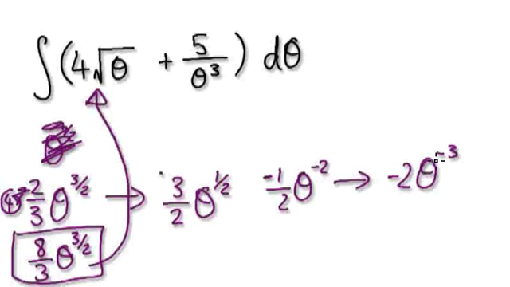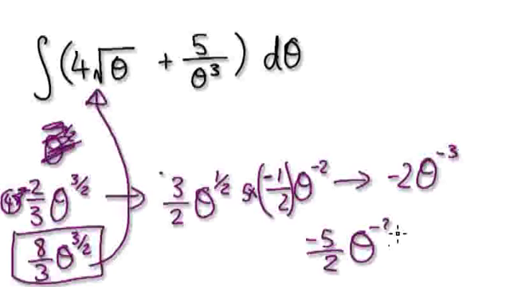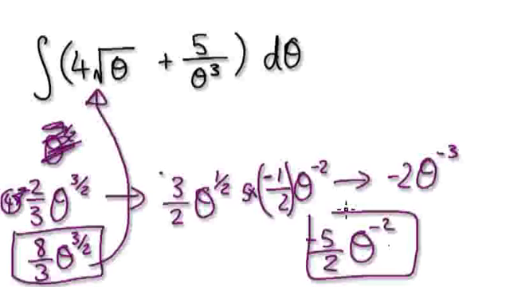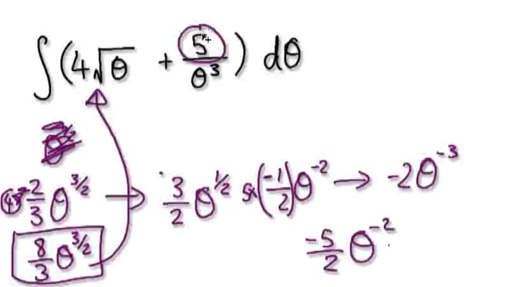By inserting this here, I will in effect negate this minus 2. But then I need to create a 5, so I need to times this whole thing by 5. The 5 here gets multiplied to the top. So really, me making the adjustment here will be minus 5 over 2 theta. So this is me making the adjustment to get the 5.